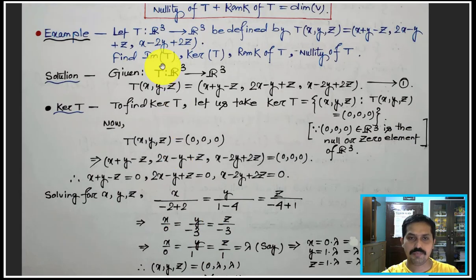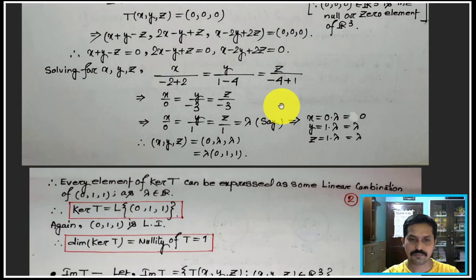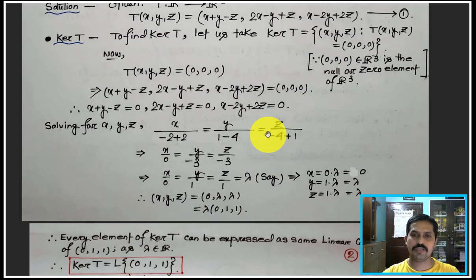Next, we have to find the image of T and the rank of T. Image is a subset of the codomain set.